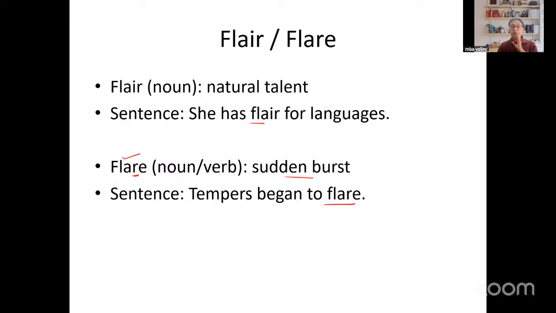Flare. Anything which is open and bigger in dimension towards the end is what? Flaring. So there are flared pants, there are flared denims, right? It's always this way.